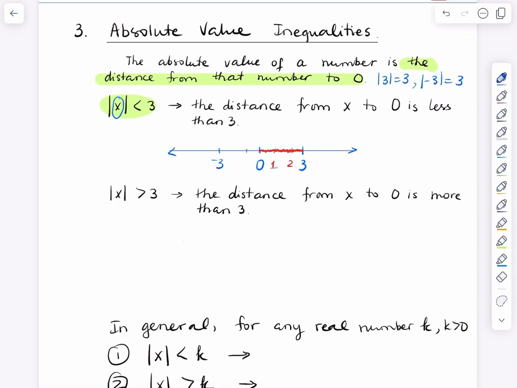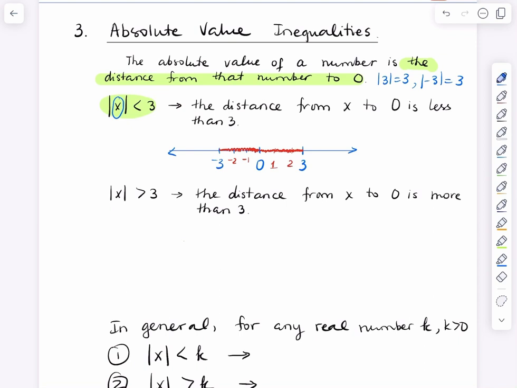The same thing could be argued for this side, where x could be negative 1, x could be negative 2, where the distance from negative 1 to 0 is 1 unit, that's still less than 3. The distance from negative 2 to 0 is 2, which is still less than 3. It can also be negative 1.3, negative 2.8, or anything in between negative 3 to 0 here.